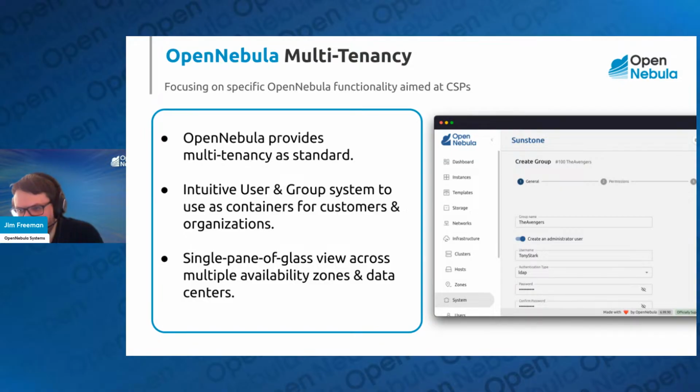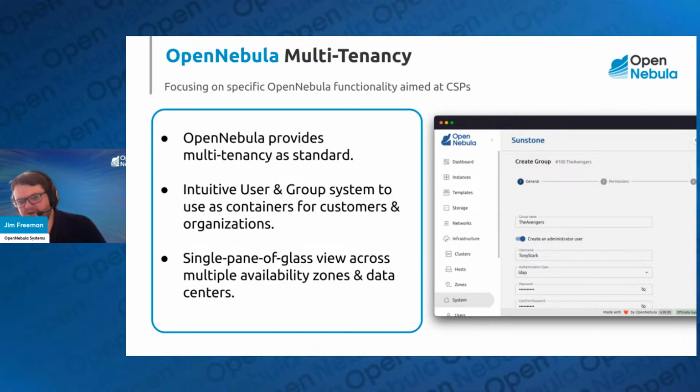But in OpenNebula, we refer to them as groups, and users can be part of one or multiple groups to deal with the multi-tenancy aspect however you see fit. I guess there's no right way of doing it, and OpenNebula offers lots of ways you can do this to make it really fit your use case.